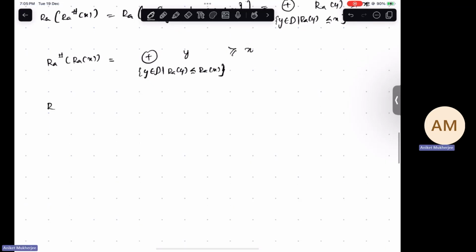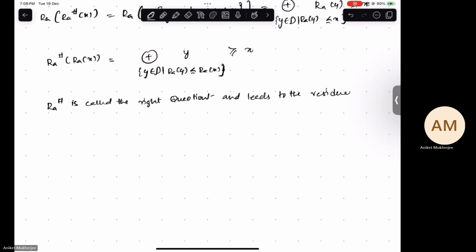So R_A hash is called the right quotient and leads to the residuation operator.